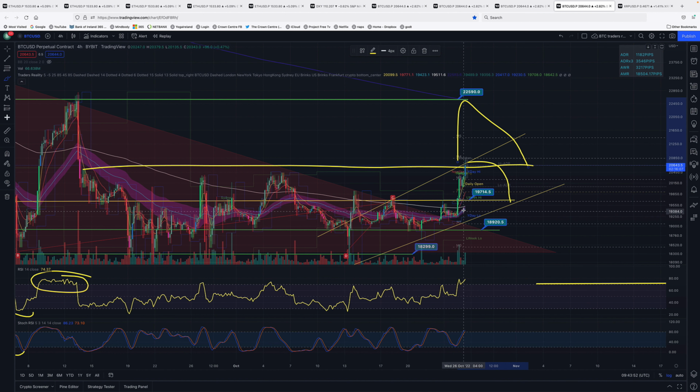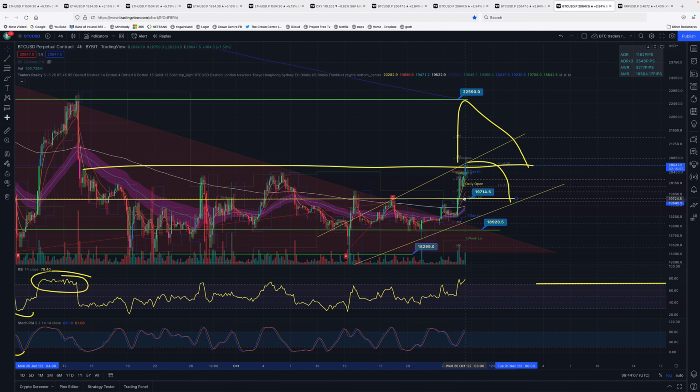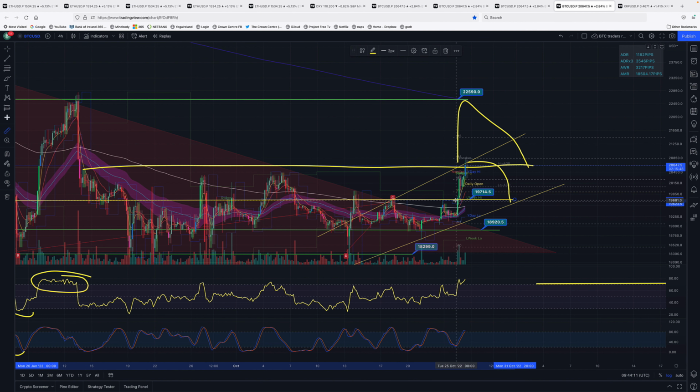And if you have your entry point, now I remember Lee had an entry point at around 19,500. I don't know if I'm right. Yeah, that's right, because I came in at a similar position. So if you have your entry point at 19,500 or 600 right about here, let me see if your liquidation allows you to.